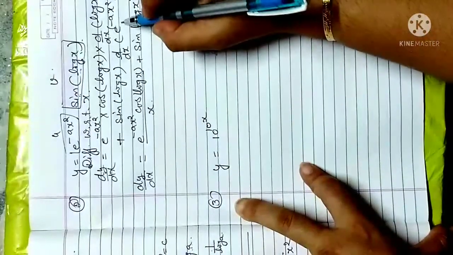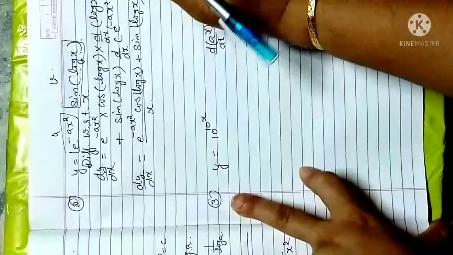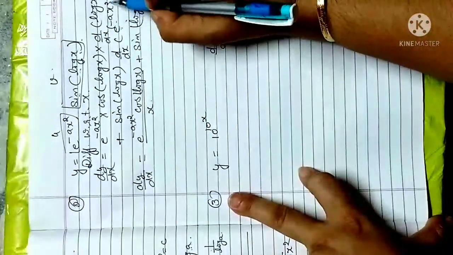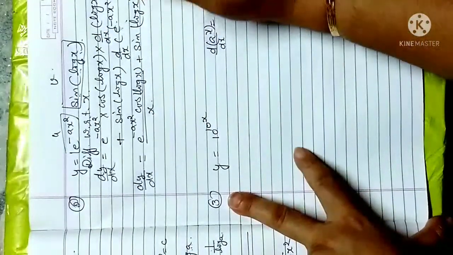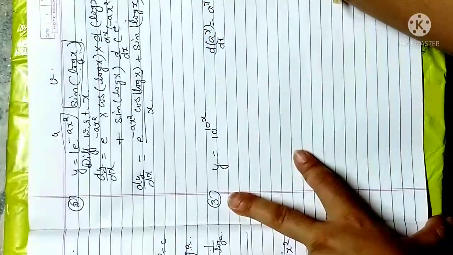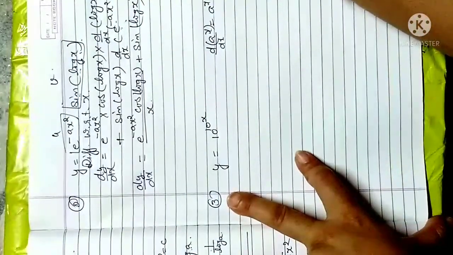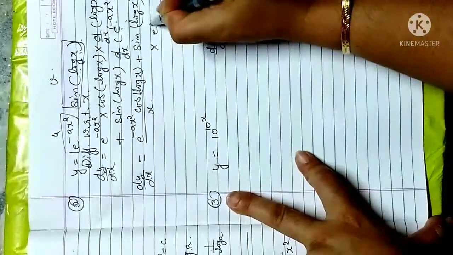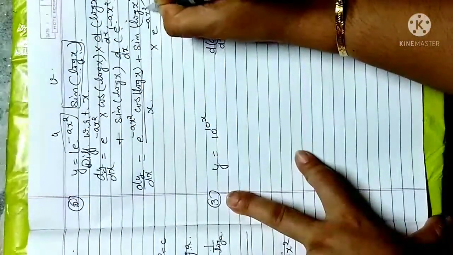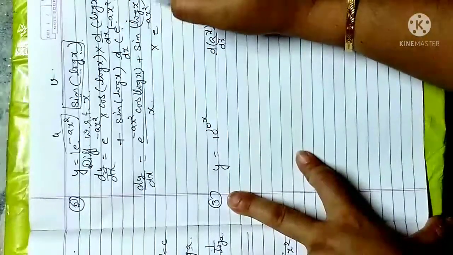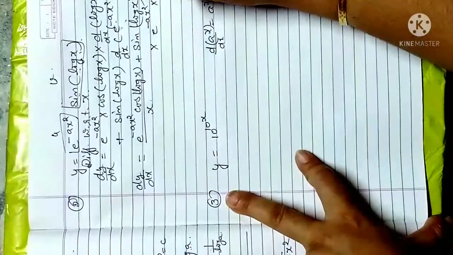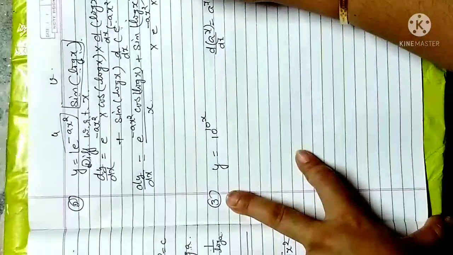Now whatever exponential is there, first you differentiate the exponential, then you go with the differentiation of the power. First, e raised to power x differentiation is e raised to power x, so that will be written the same as it is, minus ax square. Now further, whatever power is there is differentiated further, like minus ax square.